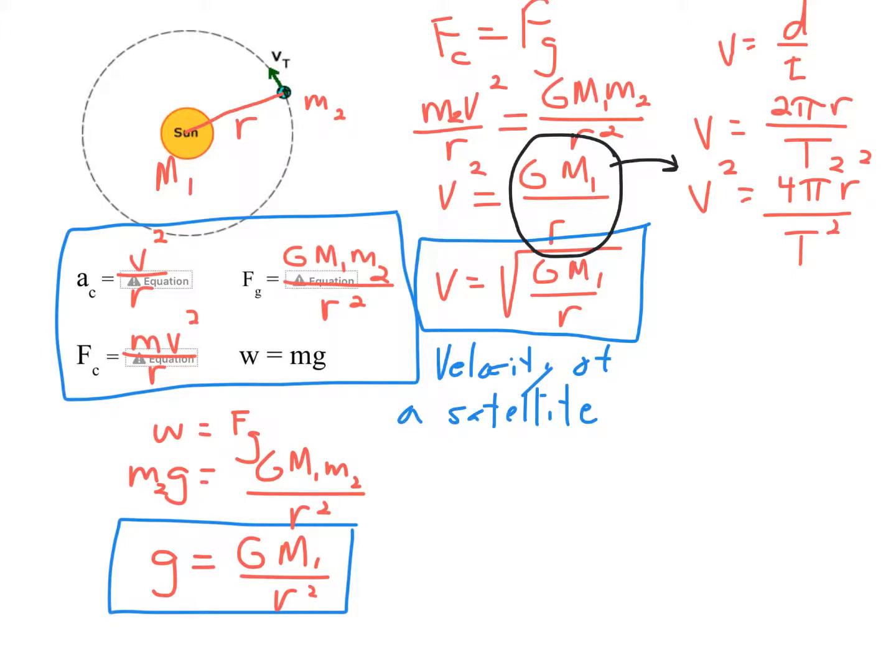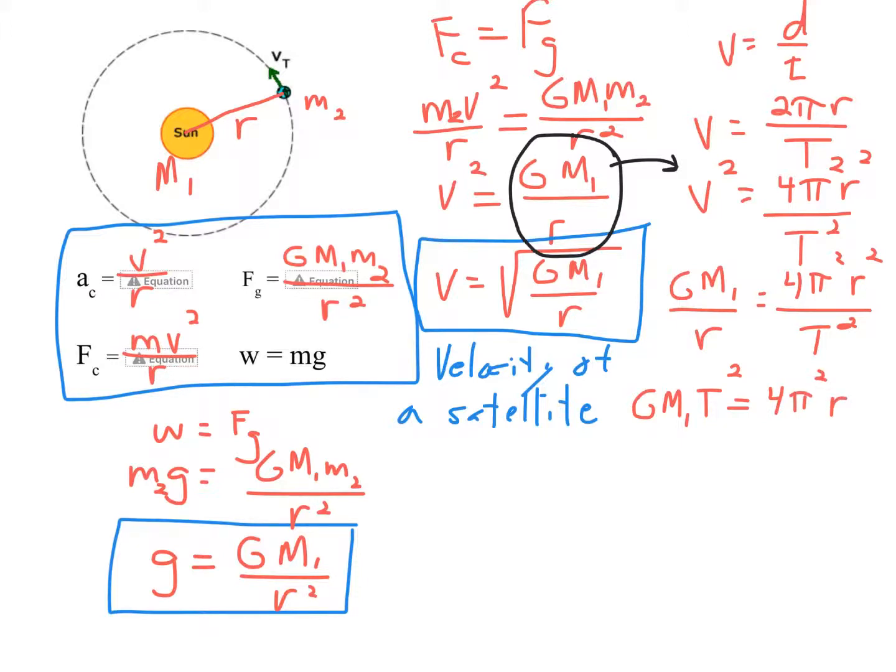In other words, I'll go back to red. I get G m sub 1 over r equals 4 pi squared r squared over capital T squared. Now if I cross multiply, I end up with G m sub 1 T squared equals 4 pi squared r cubed, because r times r squared is r cubed.